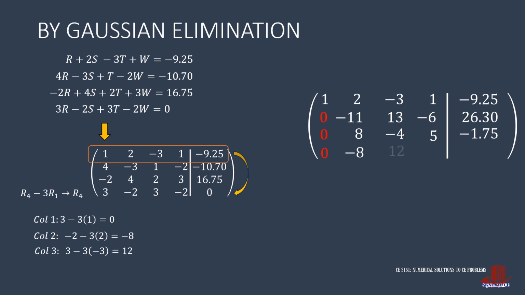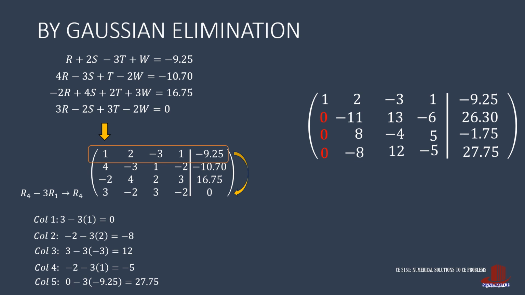The following element is 3 minus 3 times negative 3, giving 12. The element for the fourth column has negative 2 minus 3 times 1, making it negative 5. The last element has 0 minus 3 times negative 9.25, making 27.75.